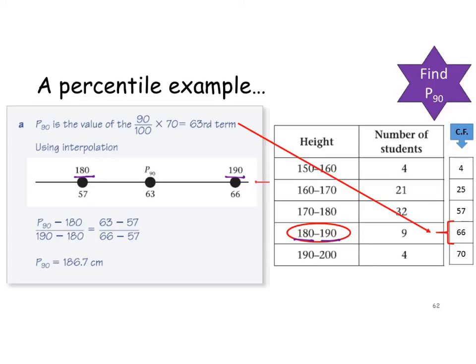For our frequency, we have lower boundary 57 and upper boundary 66. Now we do our ratio, A over B equals C over D, substitute in the numbers, do the maths, and we have P90 equals 186.7 centimetres.